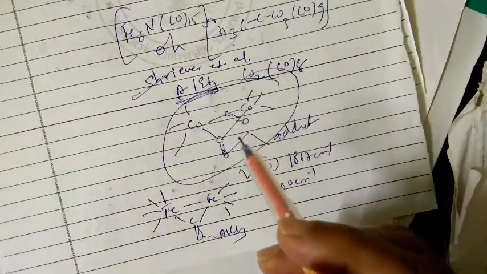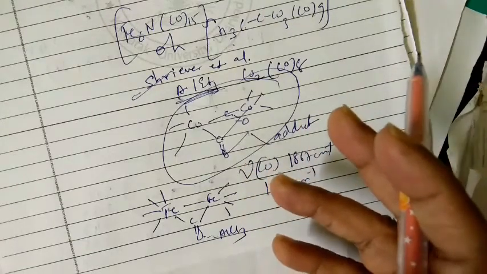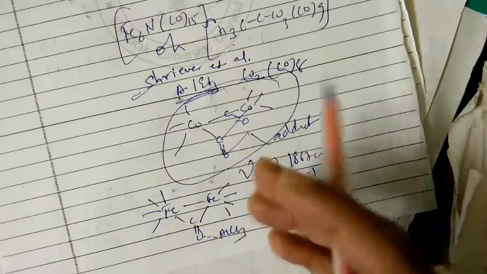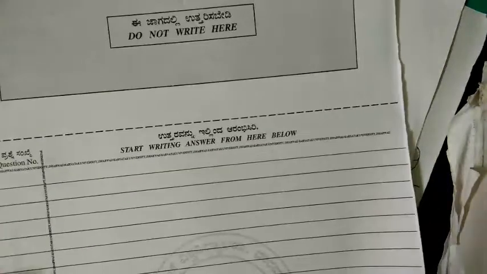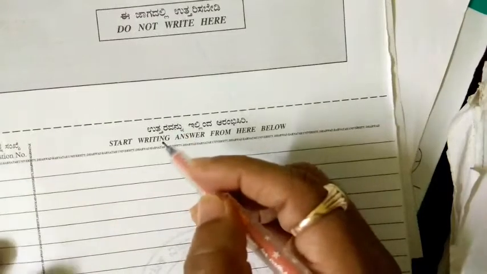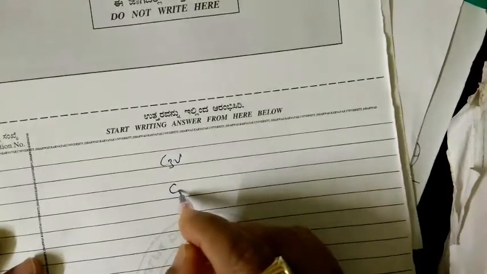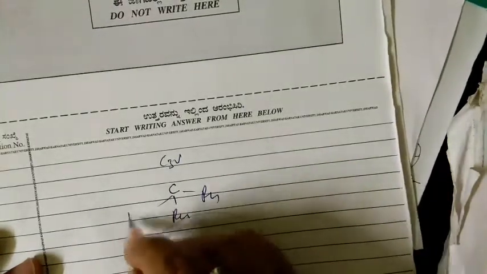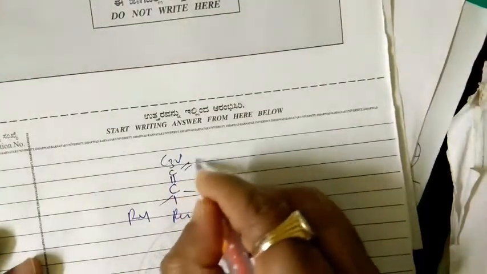So this is how IR spectroscopy helps us in most cases of polynuclear carbonyl complexes. And one more very interesting case, if you want to study, is the carbon complex with ruthenium, C3V, polynuclear Ru bonded with carbon monoxide this way.